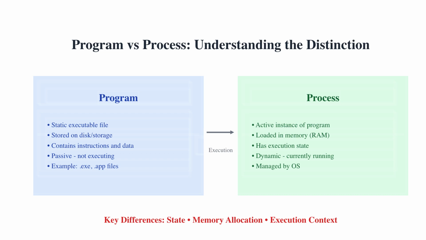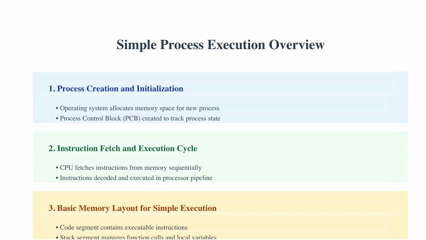The key differences come down to three main areas: state, memory allocation, and execution context. A program has no state, it's just code. But a process has dynamic state, allocated memory sections, and an active execution context with registers and a program counter. This distinction will be crucial as we explore process memory organization in the upcoming sections.